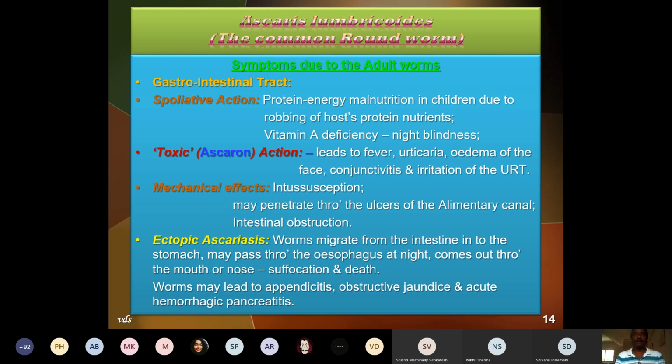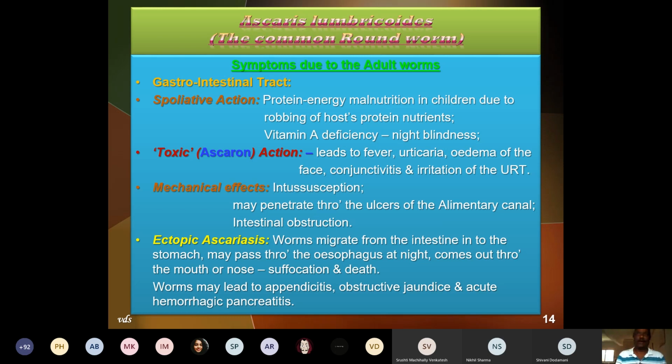Now, this happens when the patient is asleep during night. If the patient is extensively infected, such crawling of the parasite from the intestine into the stomach, from the esophagus into the nose or into the mouth is called ectopic ascariasis.